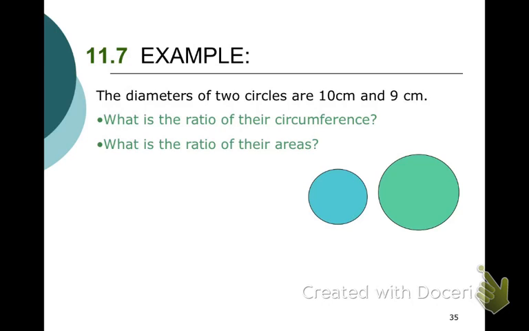Yep, exactly. The circumference is the same as the perimeter of a circle, right? So the ratio is going to be 10 to 9. What is the ratio of their areas? Yep, that's exactly right. 100 to 81.